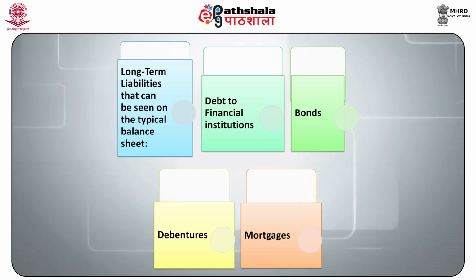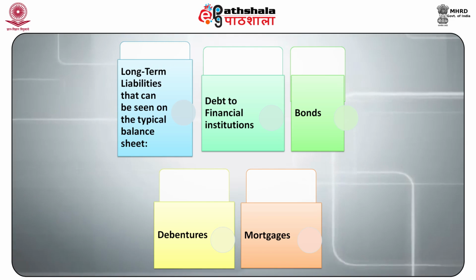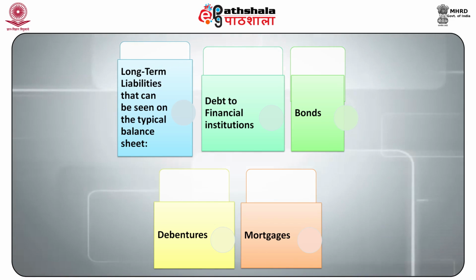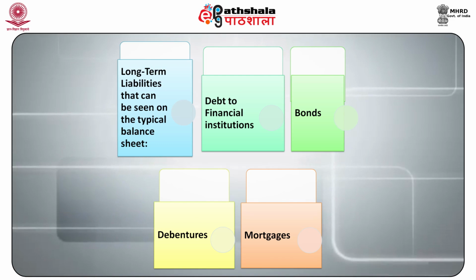The following are a few of the current liabilities that can be seen on the typical balance sheet: accounts payable, notes payable, income tax payable, wages payable, accruals, accrued expenses. Long-term liabilities that can be seen on the typical balance sheet are debt to financial institution, bonds, debentures, mortgages.